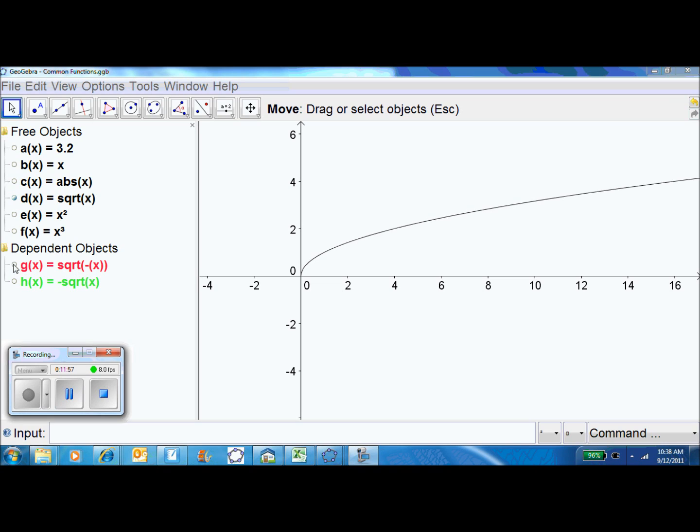When we do it, it flips it over the y-axis. In contrast, when we do the opposite of the square root of x, it's outside the square root notation. It's going to affect the y's, and this flips it over the x-axis. So the opposite of f of x flips it over the x-axis, and f of the opposite of x flips it over the y-axis.